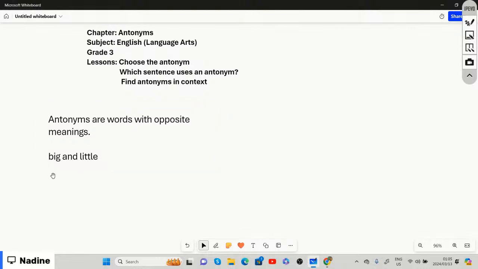An antonym, right? So an antonym is words with opposite meaning. The synonym was words with the same or almost the same meaning. But now an antonym is words with opposite meaning, meaning the opposite of what it actually is.